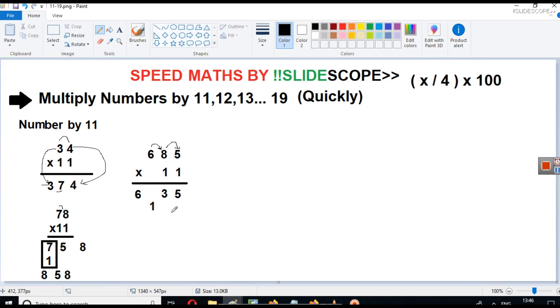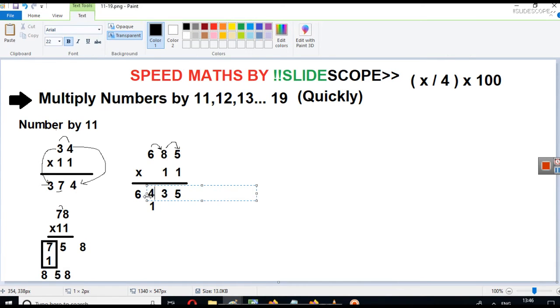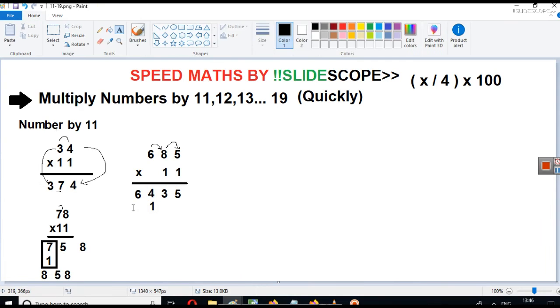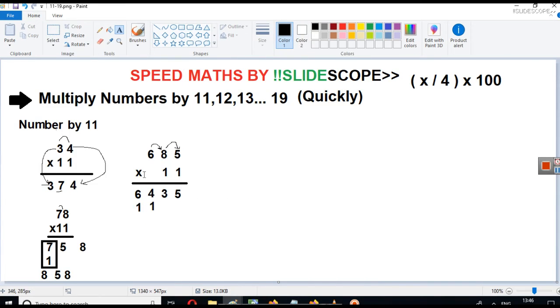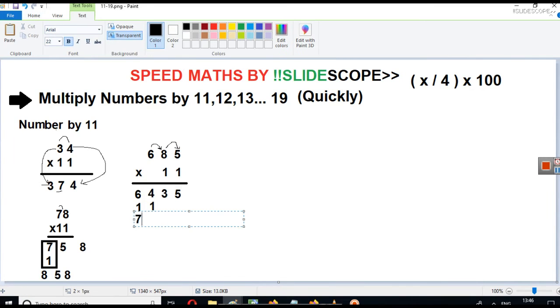So 8 plus 5 is 13, 1 is carry, 6 plus 8 is 14, and 1 is carry. So now in your mind you can say your number is 7535. 6 plus 1 is 7, 5, 3, 5.